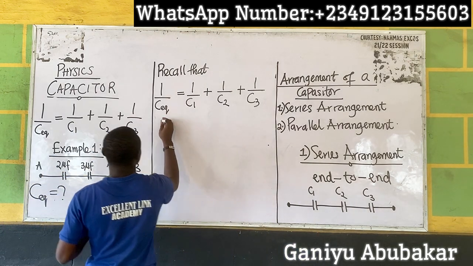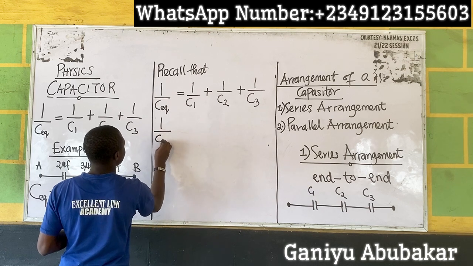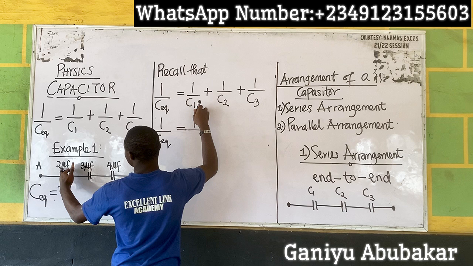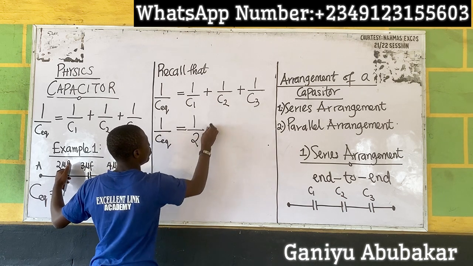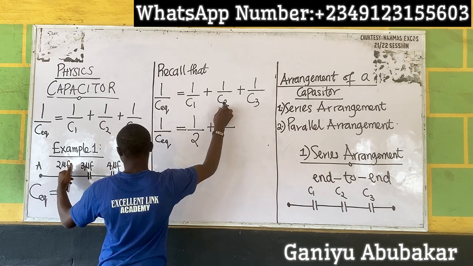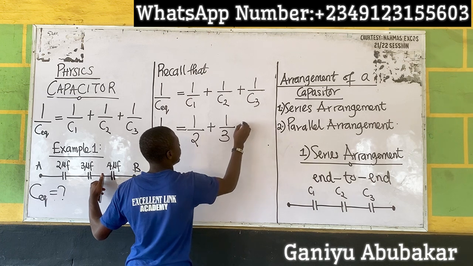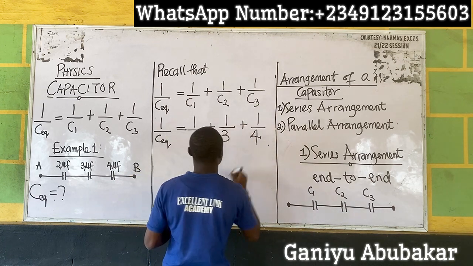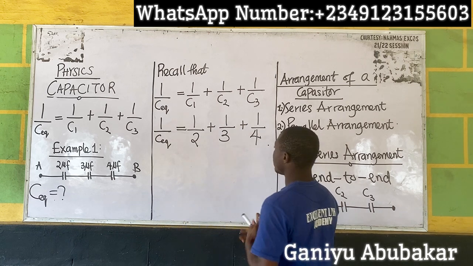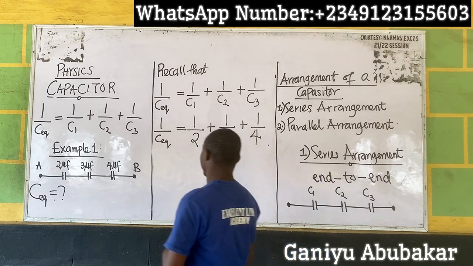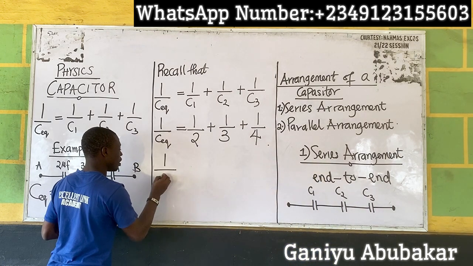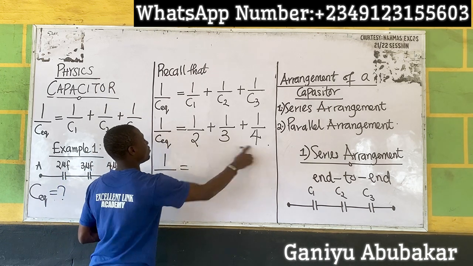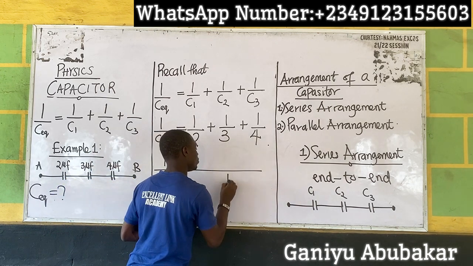So I'll have that 1 over CEQ is equal to 1 over C1, which is 2 microfarad, plus 1 over C2, which is 3 microfarad, plus 1 over C3, which is 4 microfarad. From here, it's clear that I have to look for the LCM. So I have 1 over CEQ is equal to, LCM here gives you 12.